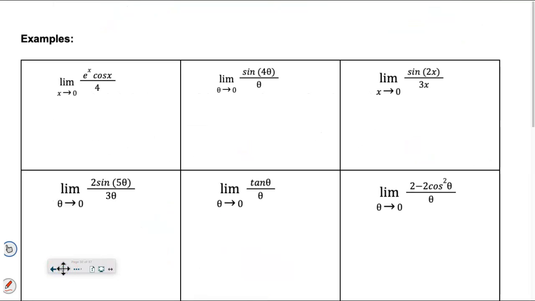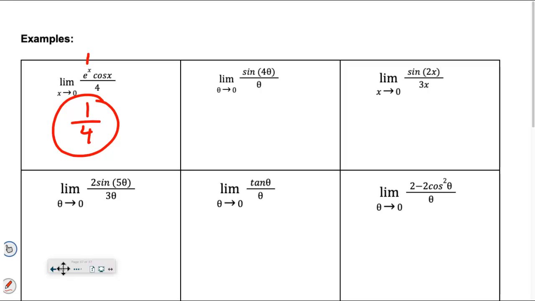So we went through and we said, well, first thing we have to do is plug that 0 in. E to the 0 is 1, cosine 0 is 1, 1 times 1 is 1. I'm at 1/4 and nothing fancy. So again, we don't always need something fancy.